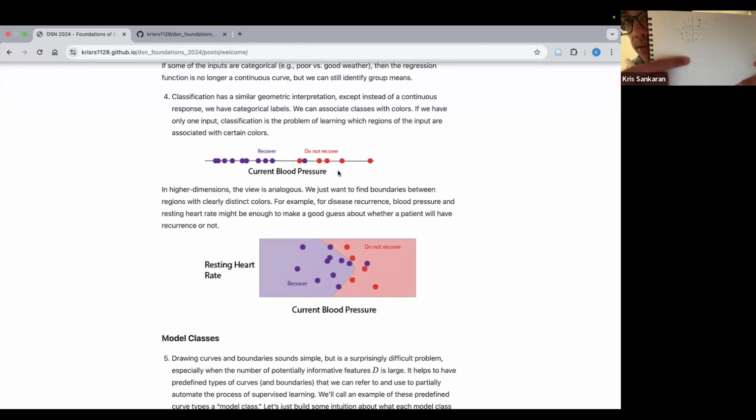Because just along this dimension, there are equal proportions of both classes. Just along this dimension, there are also equal proportions of the two classes. But when you have both of them, all of a sudden you can easily separate these two groups, right? You somehow use the fact that when they're both large or both small, you can start making very accurate predictions. So in that sense, having more features is better, right? Because the interactions between them might help you draw better curves.